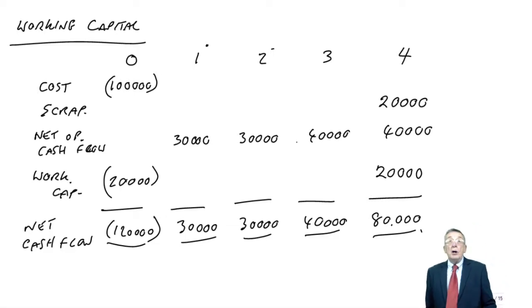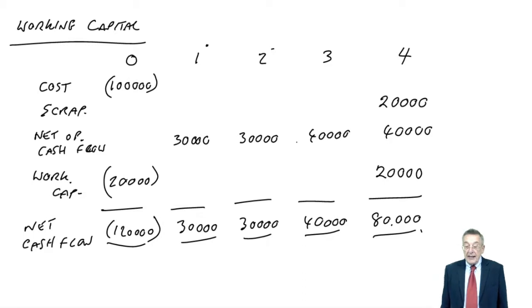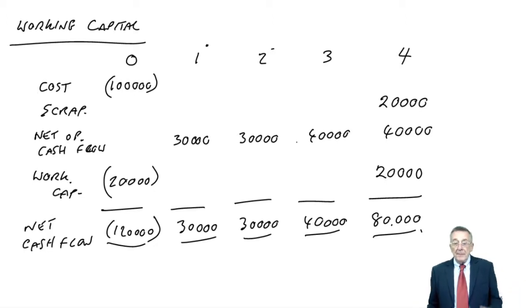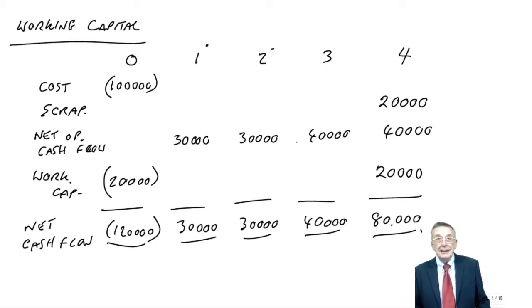All right, let's do one more in this lecture. Deal with one more problem, which is tax. Now you see, look at that one in front of us. We've got a net operating cash flow in the first year of 30,000. Well, of course, in real life, if you're earning 30,000, there will be tax payable on it.